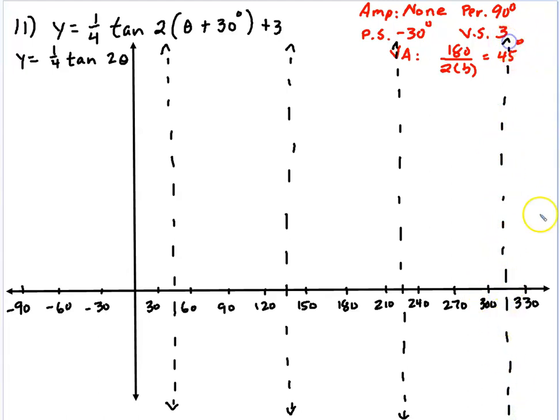All right, so those would be our vertical asymptotes, and we can go ahead and just move this theta axis. We can do the up 3, and then from there I'm going to do the left 30 degrees. So let's just take this, and we're going to move it up to 3.